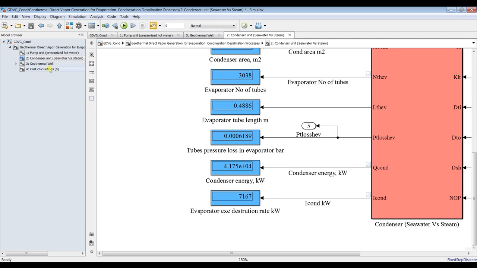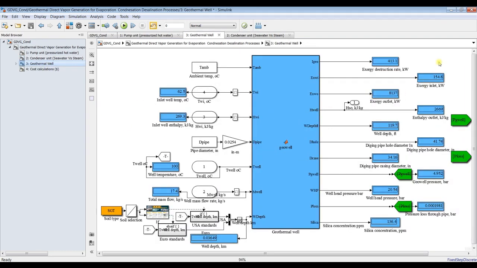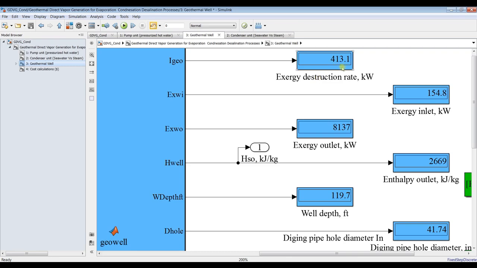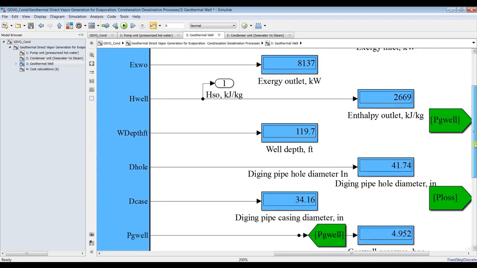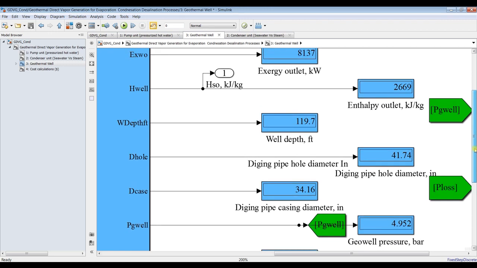For the geothermal well, let's go for geothermal well. We have exergy destruction rate, inlet exergy stream, outlet exergy, and we have enthalpy of the outlet stream.